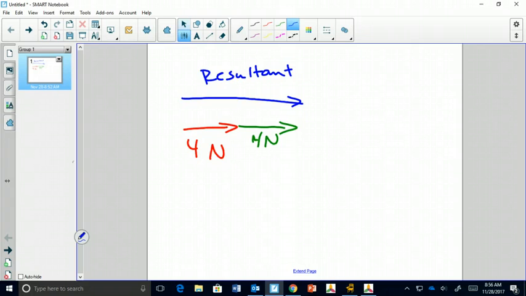It'd be 8 newtons. Does that make sense? I'm telling you, this is the foundation of all we're doing in this chapter, is we're taking vectors and we're adding them together. The fun thing is they won't always be going in the same direction. Does that make sense? So this resultant would be 8 newtons. We're cool there?